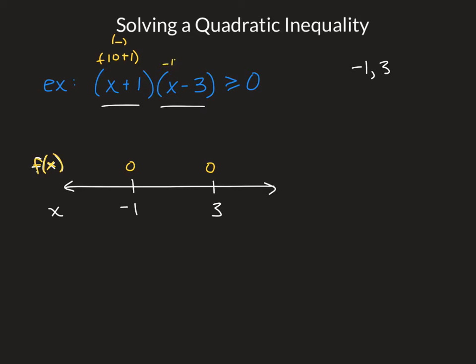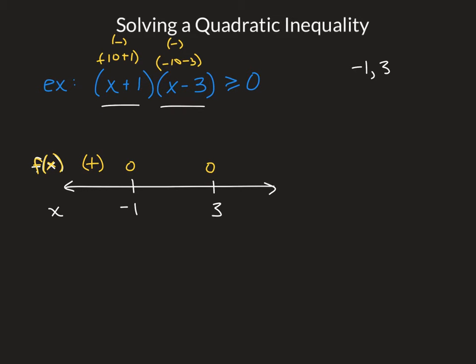And then we plug in -10 minus 3 up here, and we'll get another negative number. When we multiply that negative number times the other negative number, it gives us a positive output. So plugging in a number in this interval gives us a positive output.